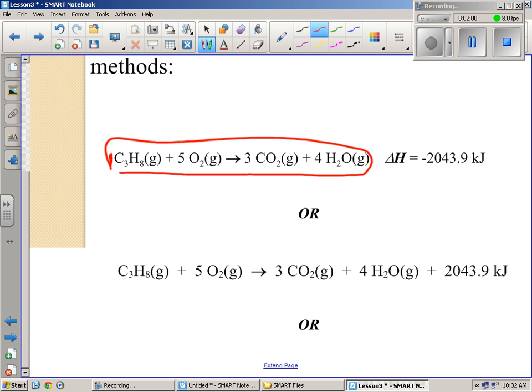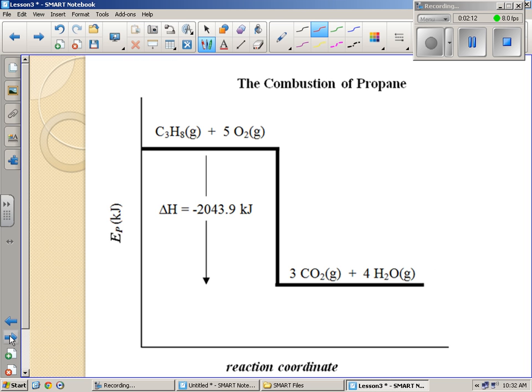You might want to write it as a term within the equation. So you'd write it on the product side, right? So positive 2043.9 on the product side. And of course, last one, you might want to do it as a potential energy diagram, right? So exothermic, of course, balanced reactants, balanced products, delta H negative 2043.9, okay?